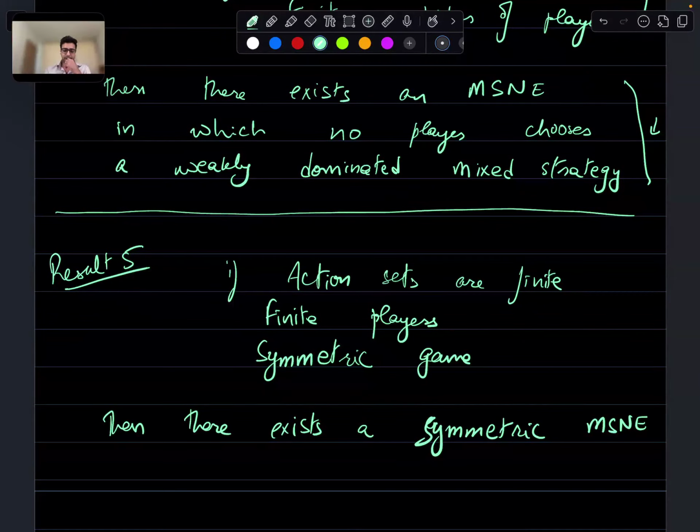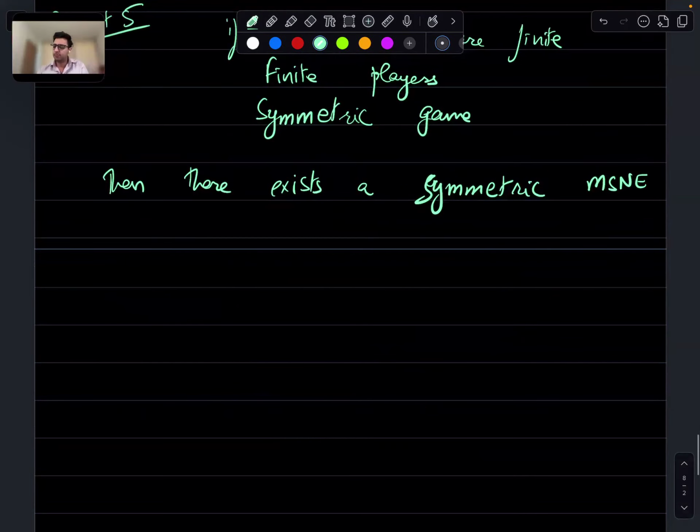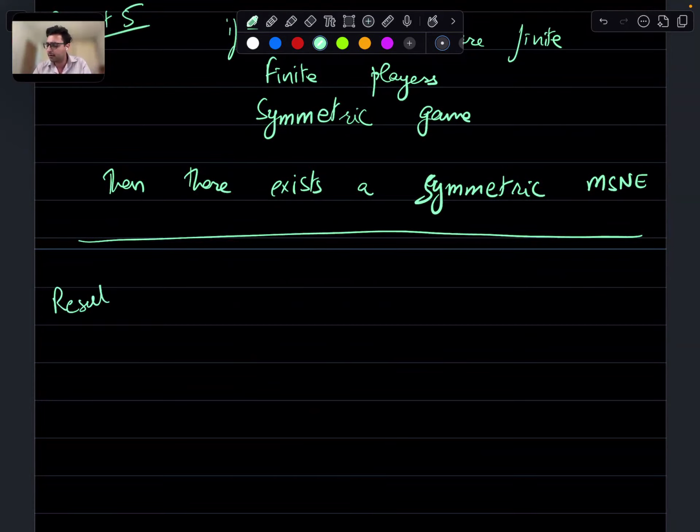And what else? You know this already from the examples that we did earlier, but might as well write it out formally. Suppose alpha star is a mixed strategy Nash equilibrium.